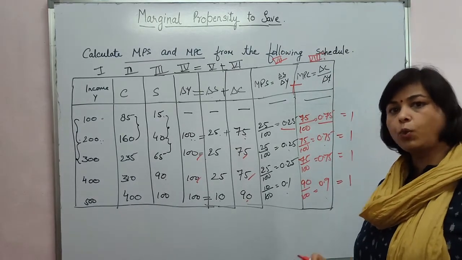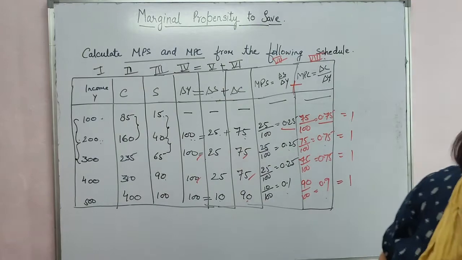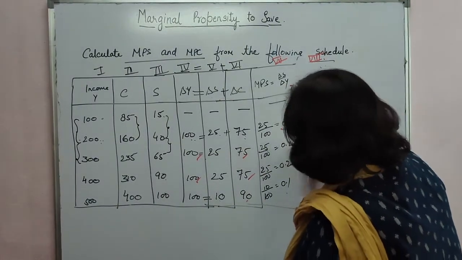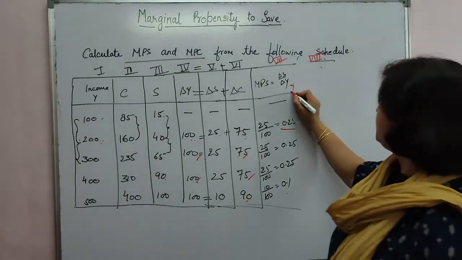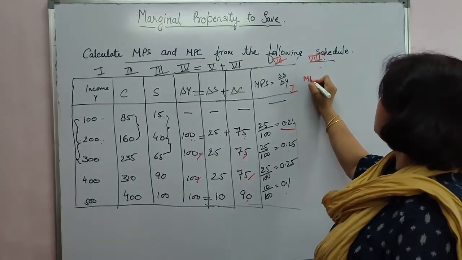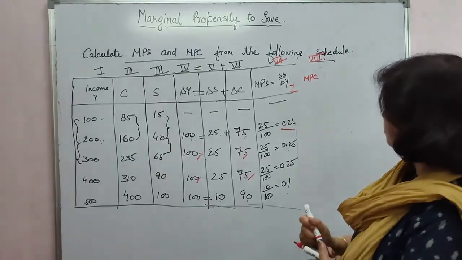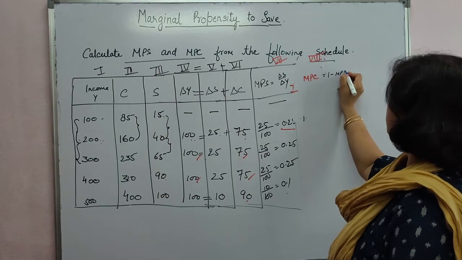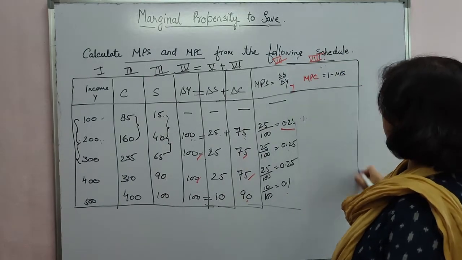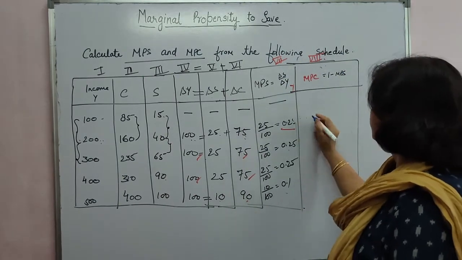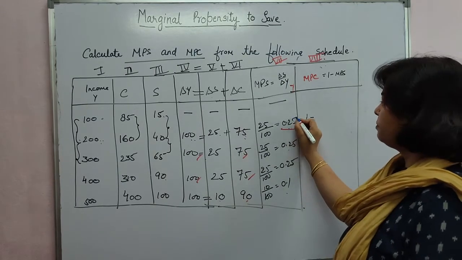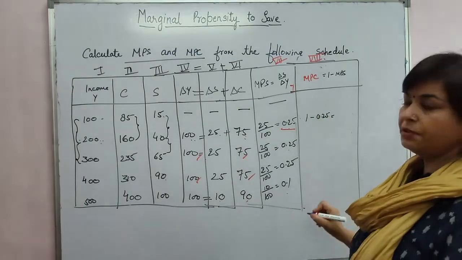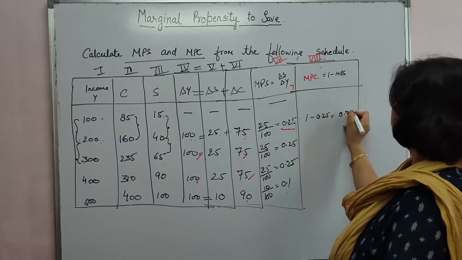So if we have got the value of any one out of the two, suppose we have got the value of MPS and we have to calculate MPC also, we can use the formula 1 minus MPS. We will try to solve it. 1 minus the value of MPS, 0.25, the value of MPC will be 0.75.